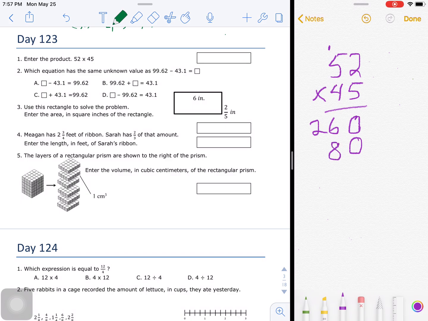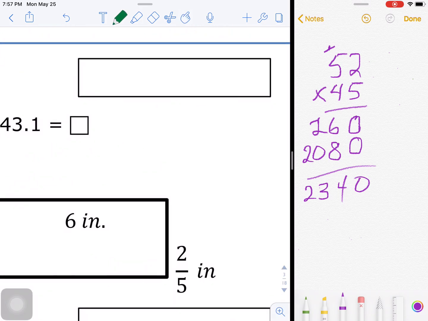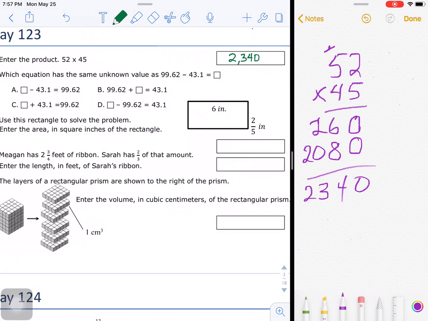Our second partial product is going to be 2,080 for a grand total of 2,340, which is close to my estimate that I said was 2,500.